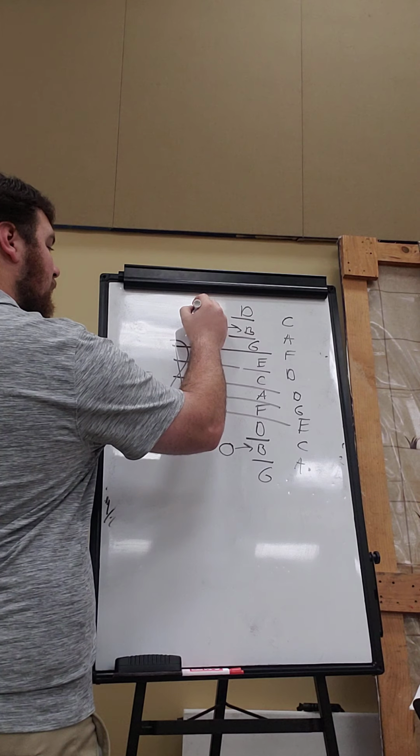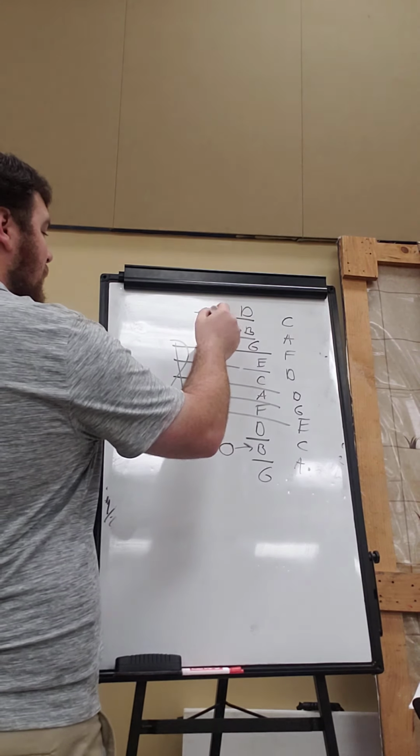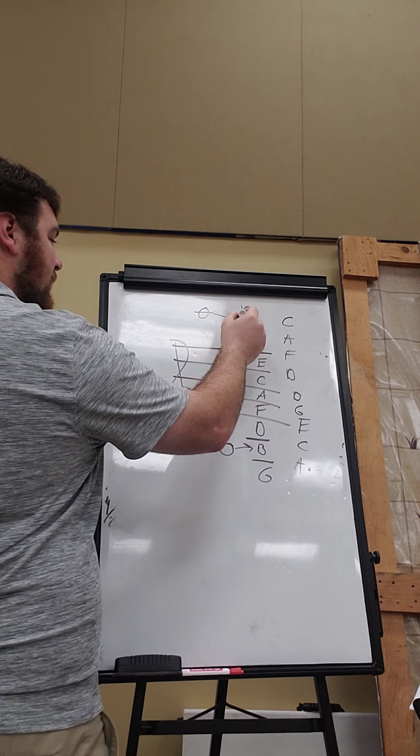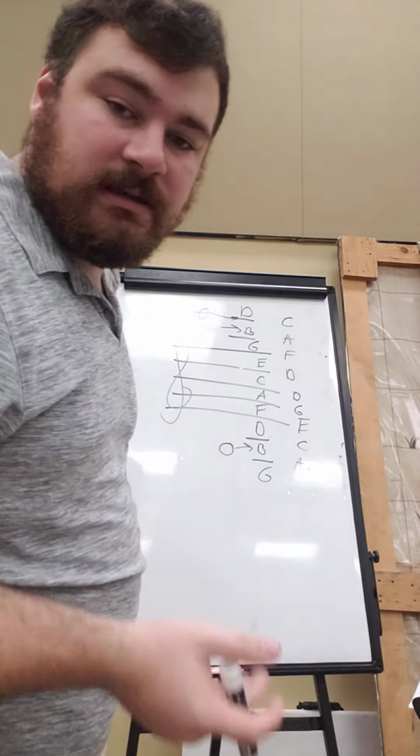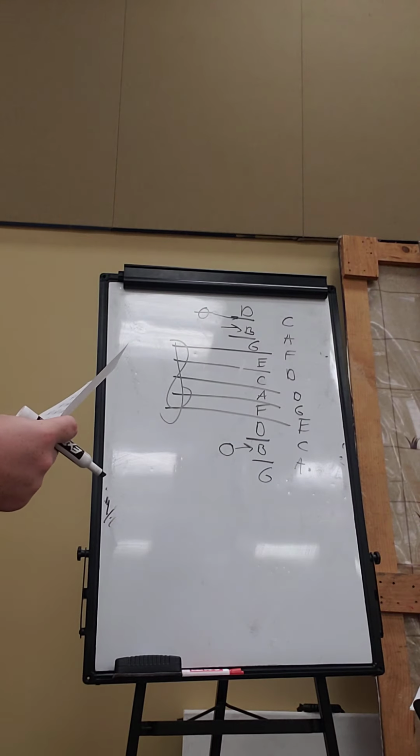So right here, we're sitting on that ledger line. If we draw our arrow over to that line, we see that it goes to C. So that number 4 should be C.